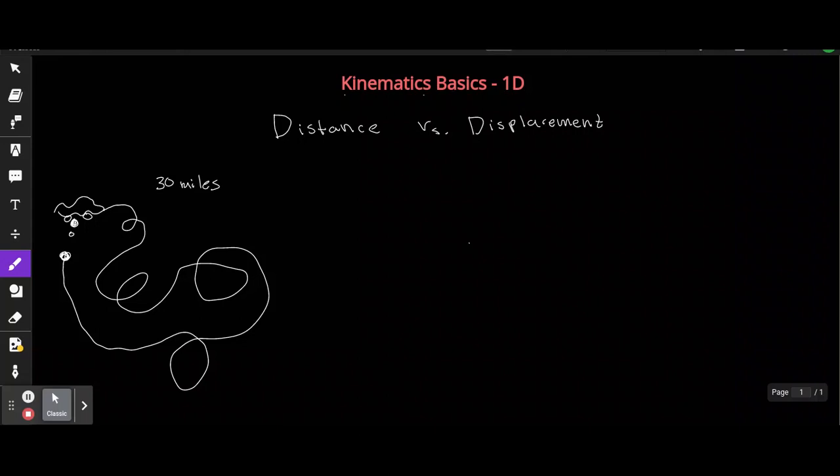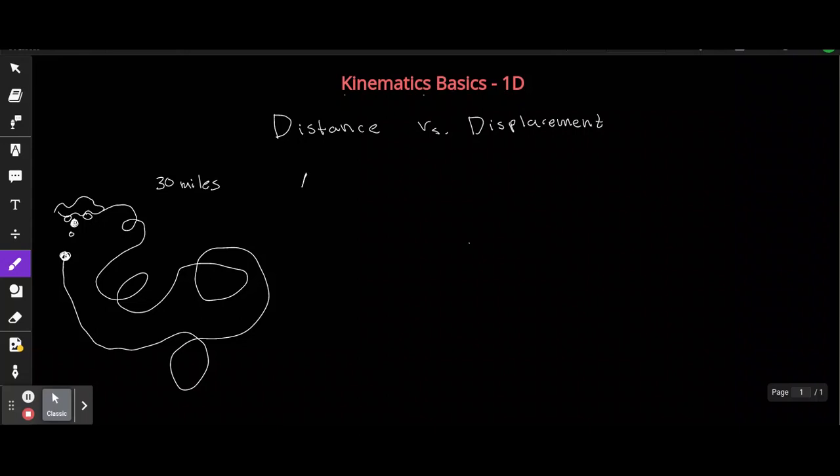Now, where it gets confusing for some people is the concept of displacement. Displacement is actually the object's change in position. So, if the car started at position 0 and traveled this entire loopy road and ended right back where it started, so again position 0, its displacement is 0.